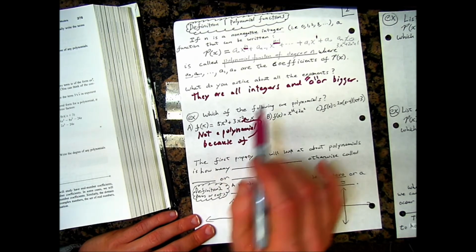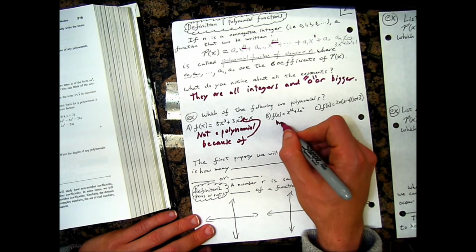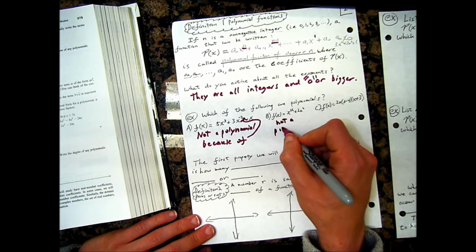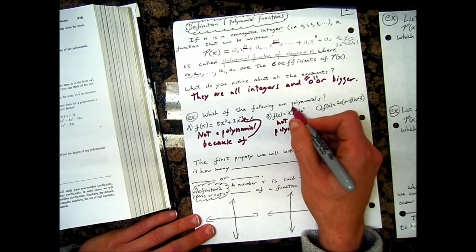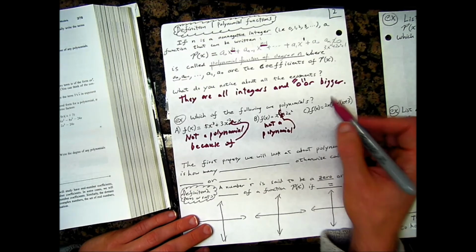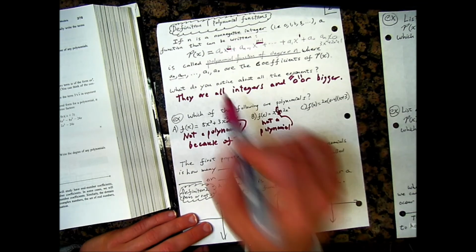One of the exponents is not a non-negative integer, so it doesn't work. Similarly, this is not a polynomial because of the 1/2 power. That's not an integer.